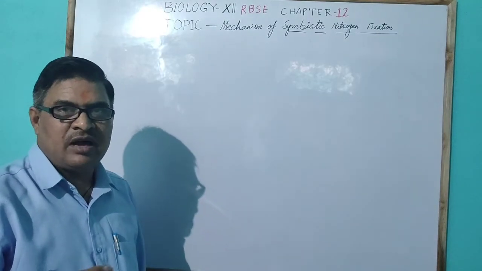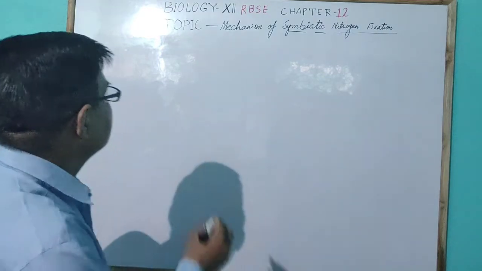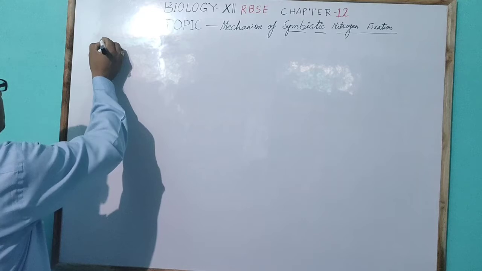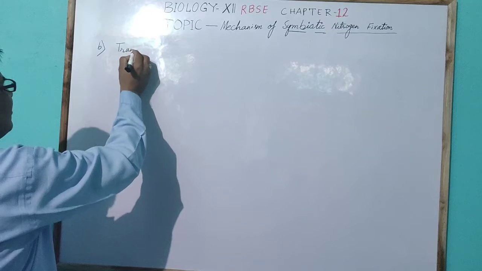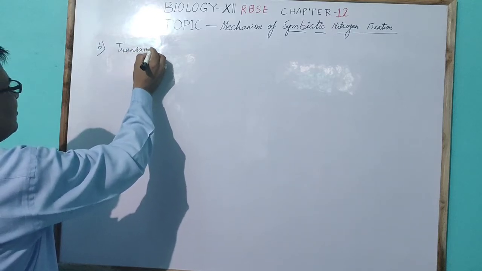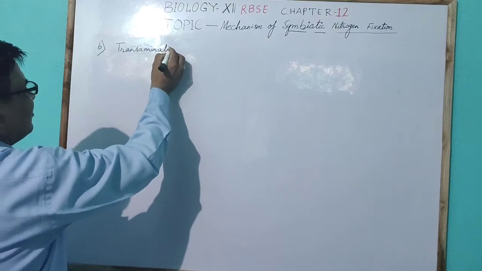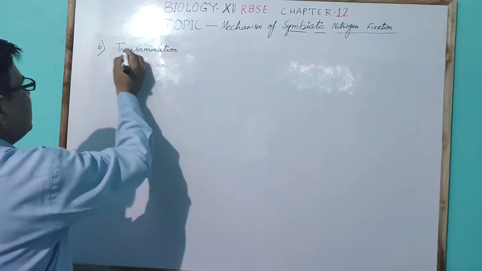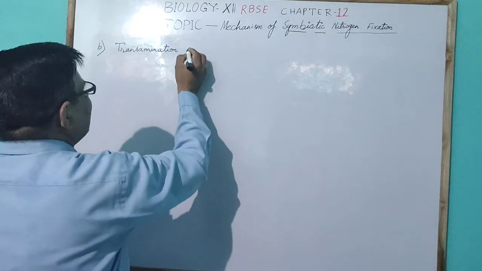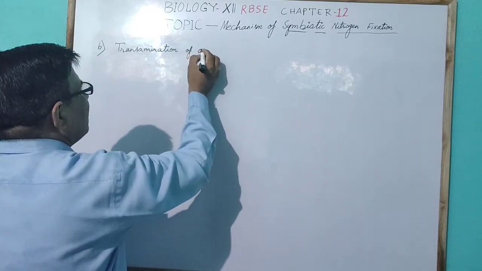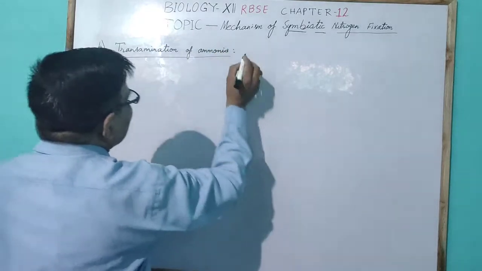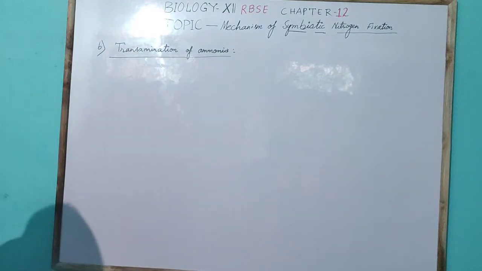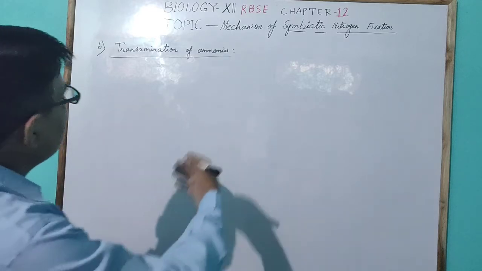In the assimilation of ammonia, the second step is called transamination, or the transamination of ammonia.